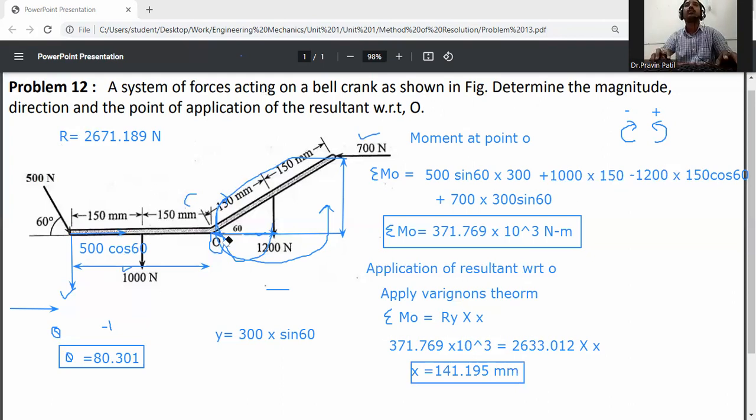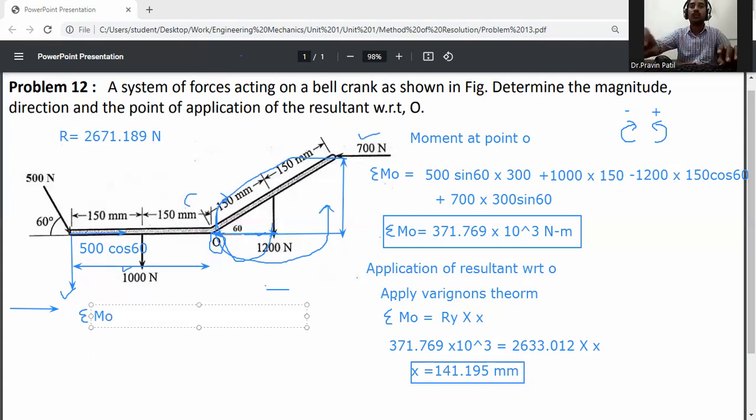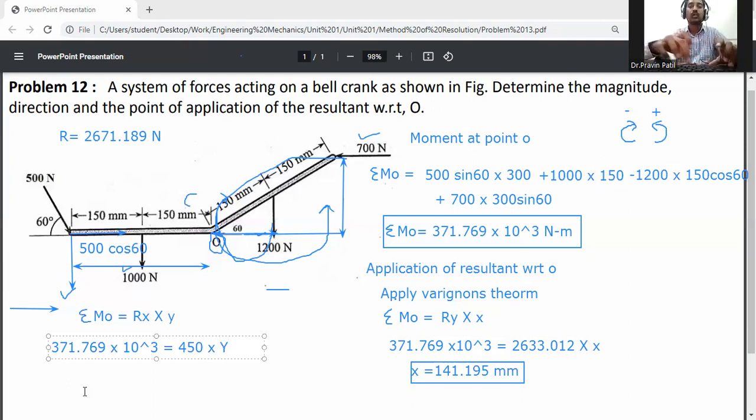Now for the second, the summation of M is equal to Rx into y. So 371.769 into 10 raised to the power 3 is equal to Rx, which is 450, into y.